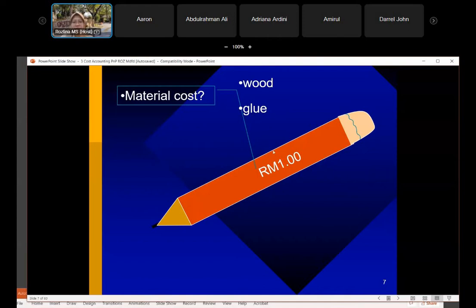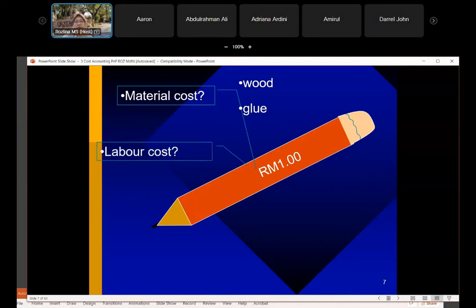So there is glue there. That's why if you look closely, you can see the pencil has two parts. Two parts. Okay, what else?